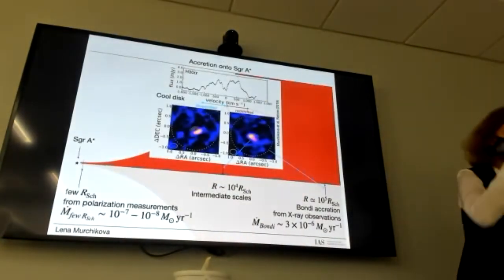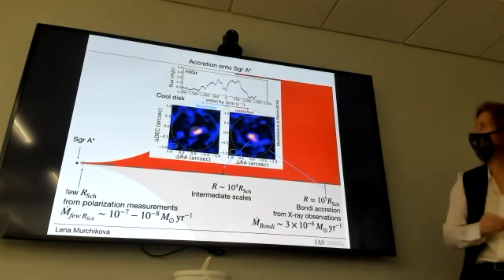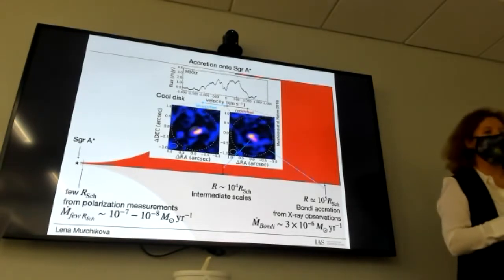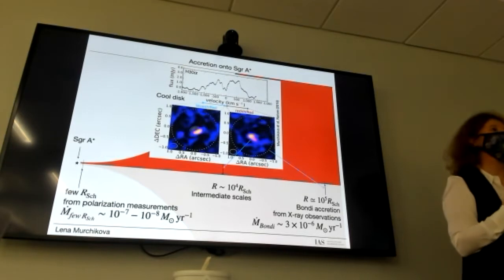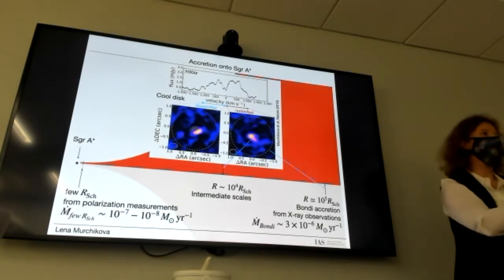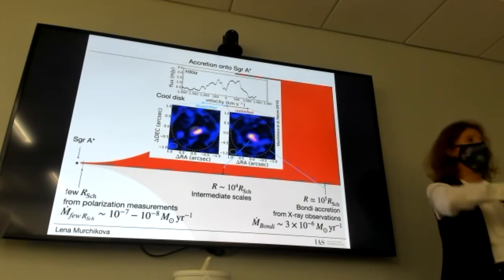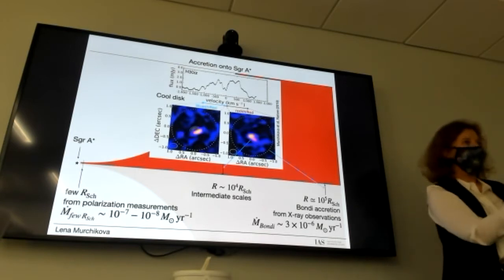For me, the story began somewhere around 2019, when I was interested in the contribution of cooler gases to the accretion onto the black hole. Of course, we all agree that we only expect very hot gas, 10 to the 7 Kelvin and higher, very close to the black hole.